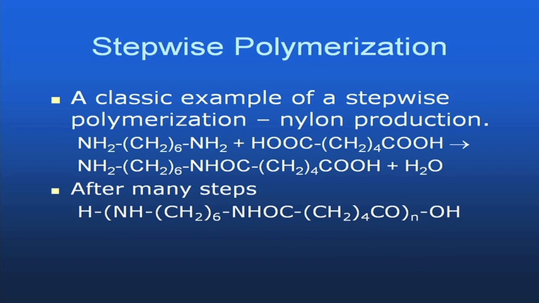Now, next we will come to stepwise polymerization. A classic example of a stepwise polymerization is nylon production. So, let us take this example. NH2 (CH2)6 NH2, and this is basically the formation of CONH.